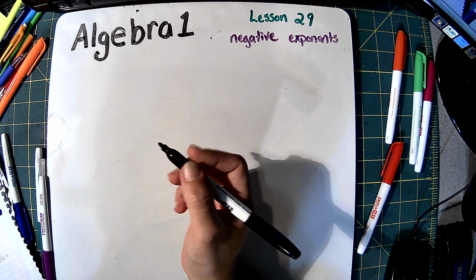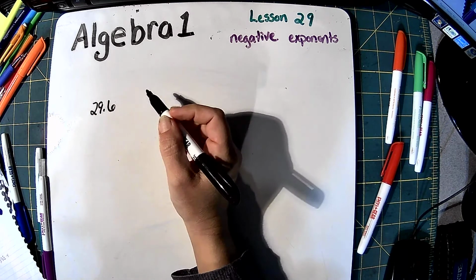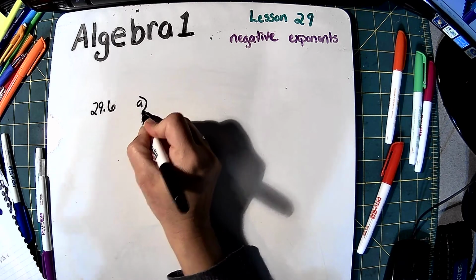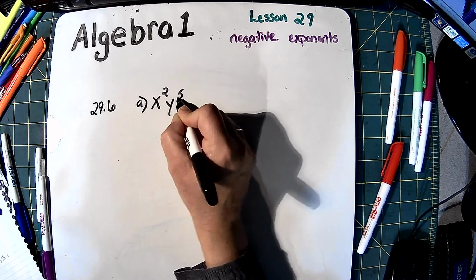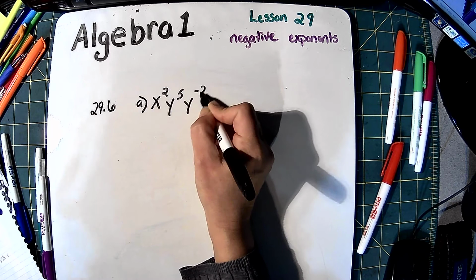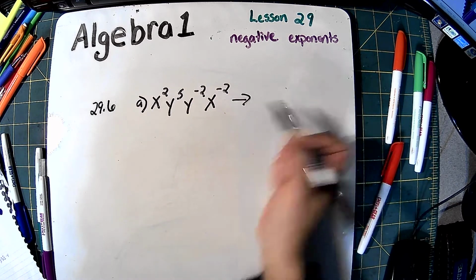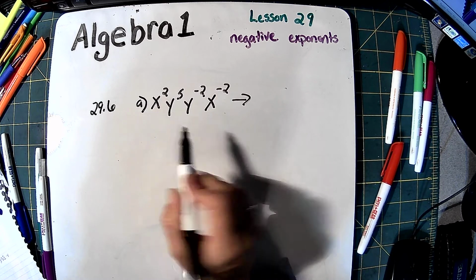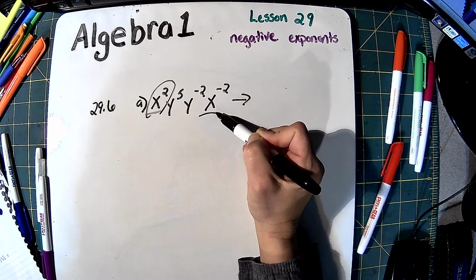All right, let's try 29.6. This one has an a and a b. So a is x squared, y to the 5th, y to the negative 2, x to the negative 2. Okay, so I just have to find all my x's and add up their exponents. So here's an x, and here's an x.